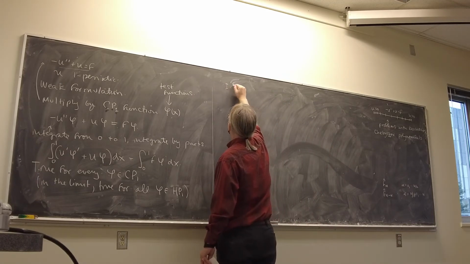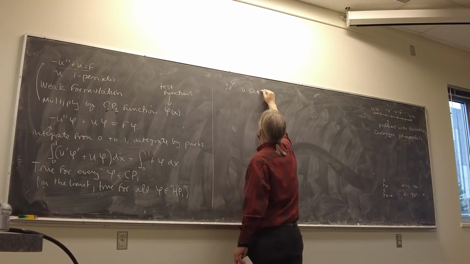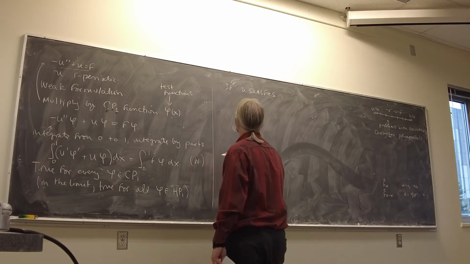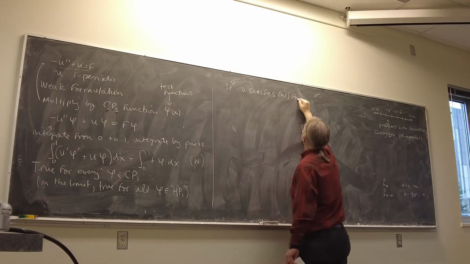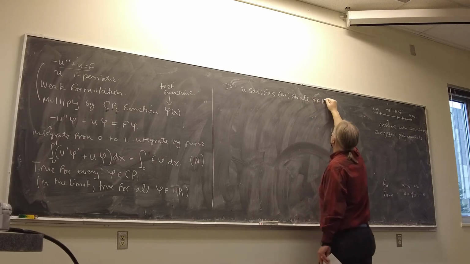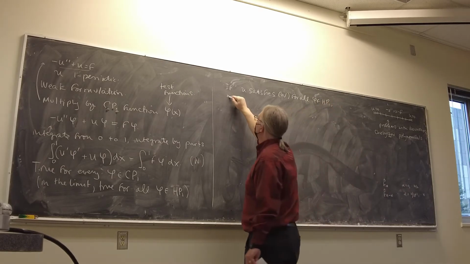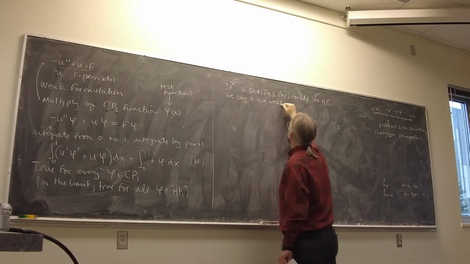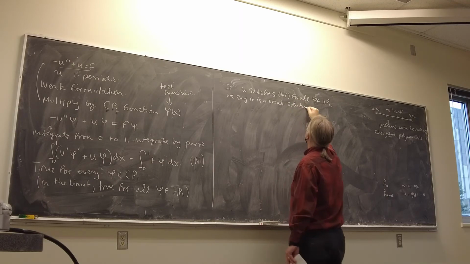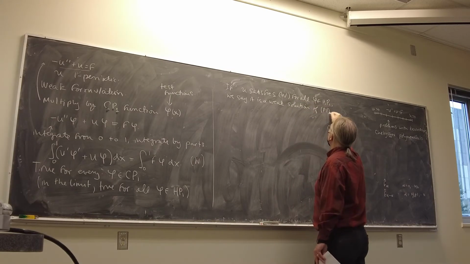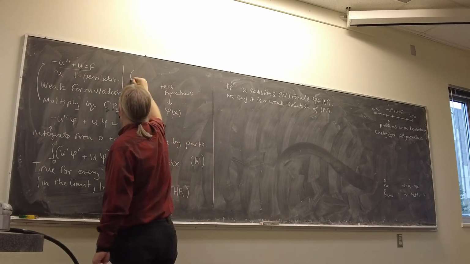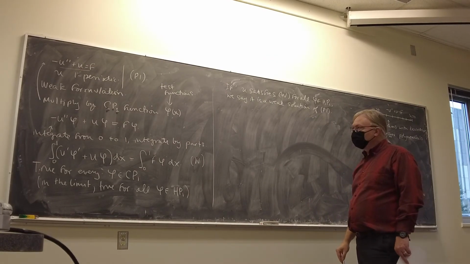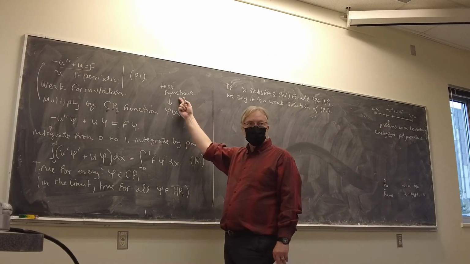Okay. So if u satisfies this thing, I'll call it W for weak, for all phi, we say u is a weak solution. You can start to see why these are called test functions.